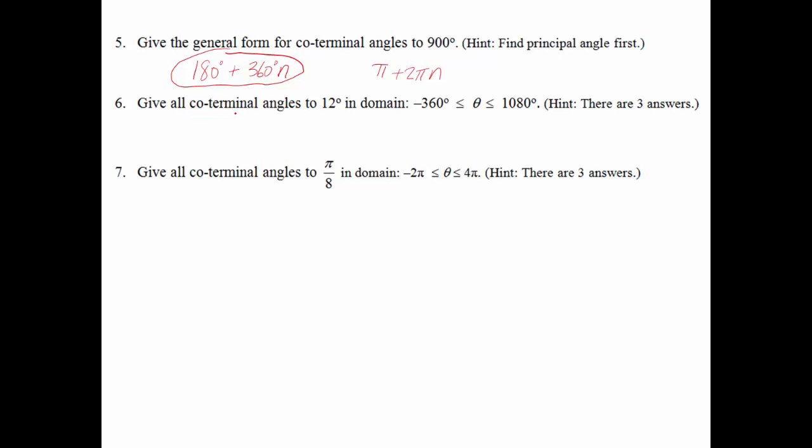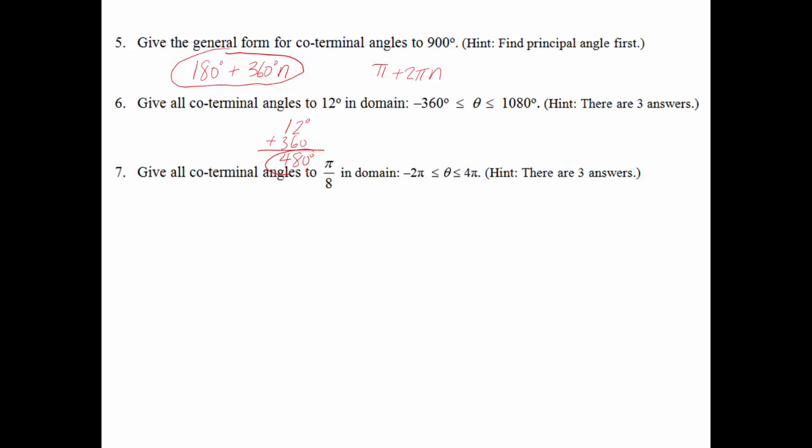Number 6, give all coterminal angles to 12 degrees if the domain is between a negative circle and, let's see, I believe that's 3 positive circles. So I'm going to take my 12 degrees, I'm going to add 360, and that's going to give me 480 degrees... wait, 372.